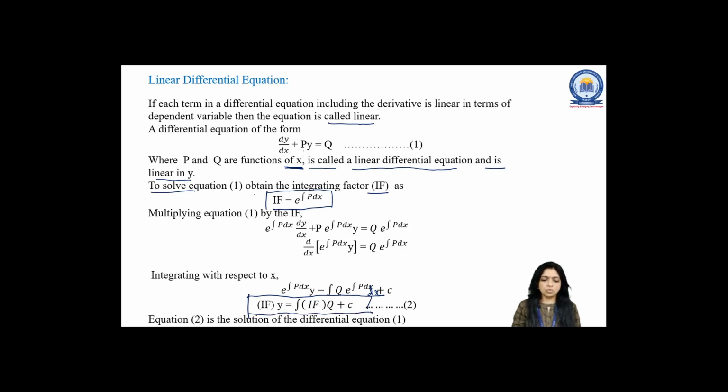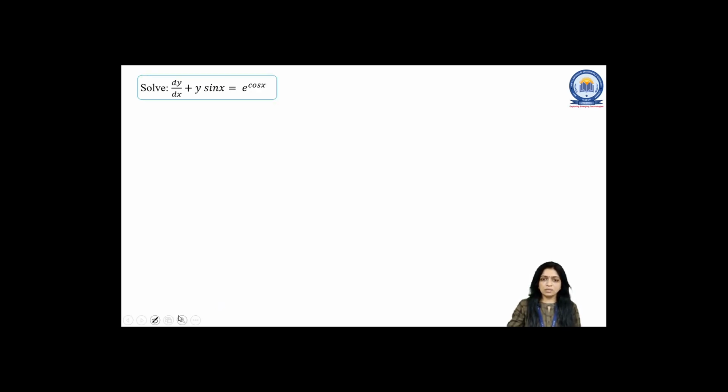Okay, so let's start the examples of the linear differential equation for detailed understanding. Our first question: solve dy by dx plus y sin x is equal to e raised to cos x. How do you recognize that you have to apply the linear differential equation method?